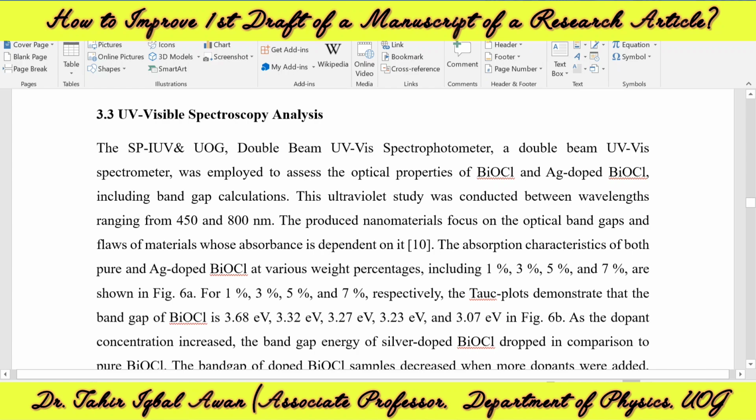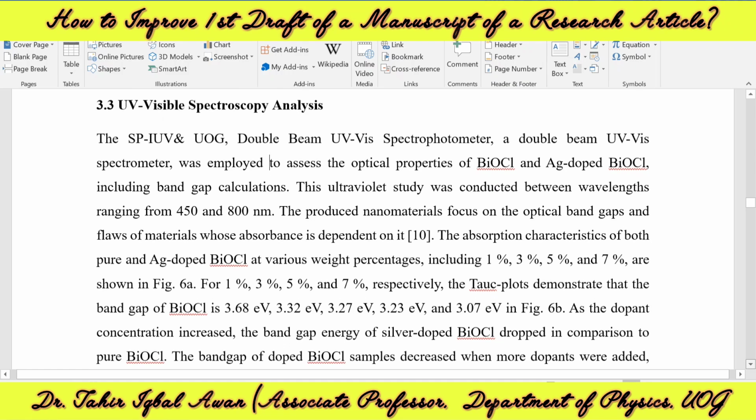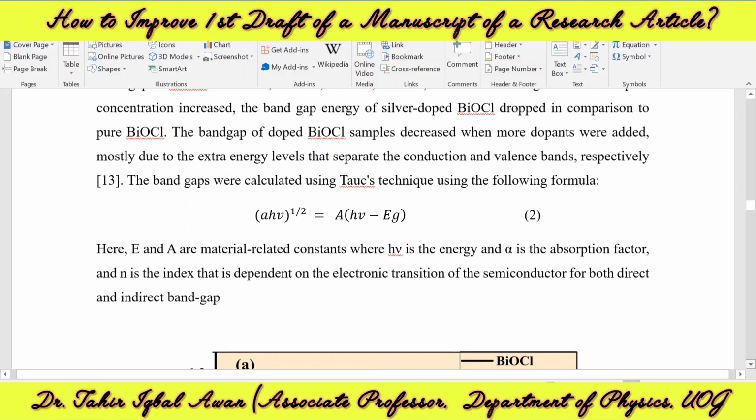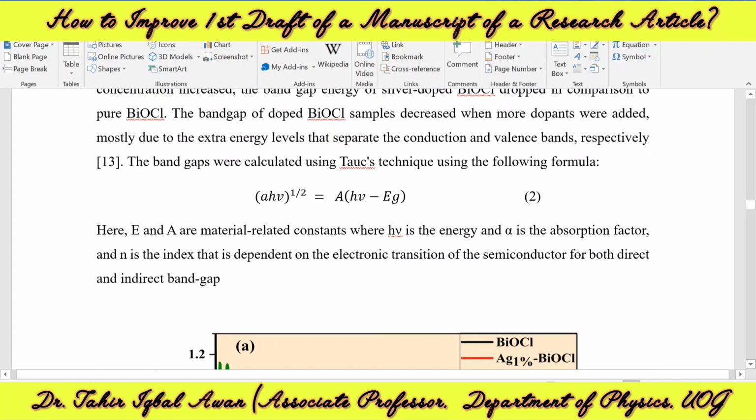So reasonably good, afterwards, then it's absolutely fine. Again, there is a suggestion that equation 2 must have some reference over here when we are writing the formula, and even here we are representing E A. I presume that here it should be the E G, so we should actually explain that E G. And over here, I could not see the N E in the formula, why it's been there.